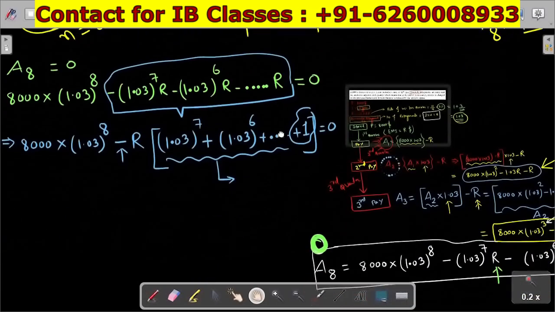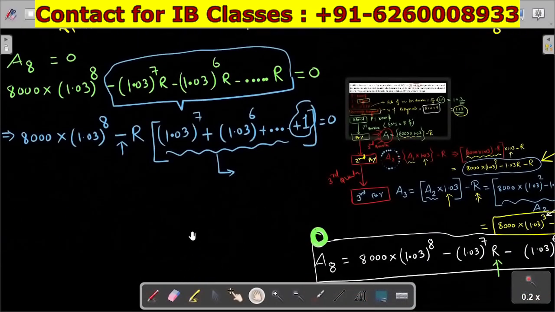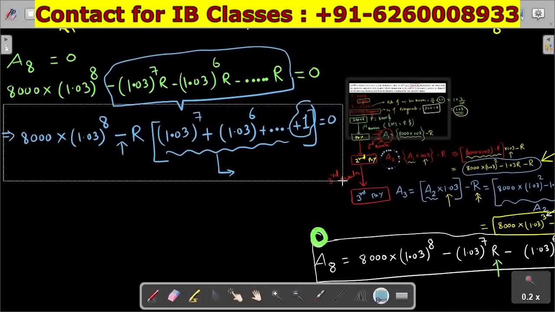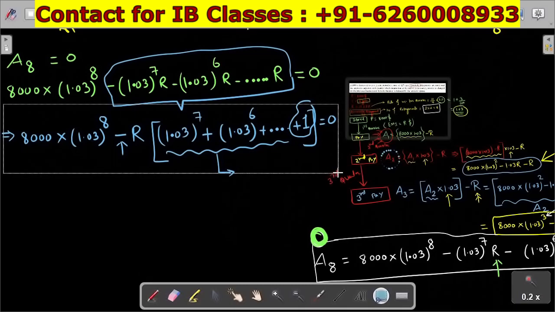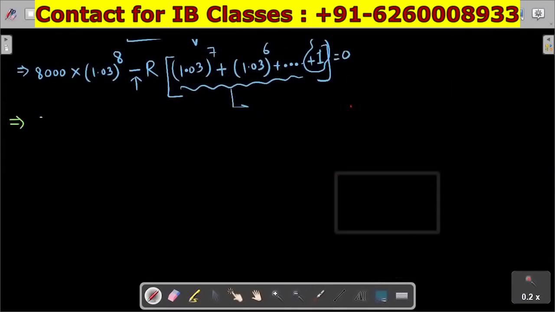So now apply the above results here, right? Let me take this on another page. Let us apply. So this is 8,000 into 1.03 raised to power 8 minus r, and you know the sum of n terms of GP when r is greater than 1.